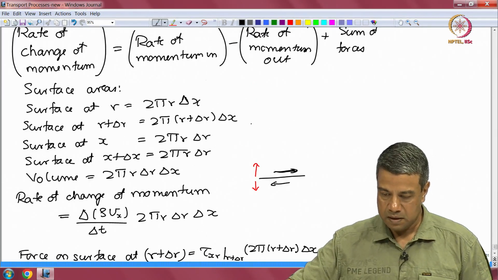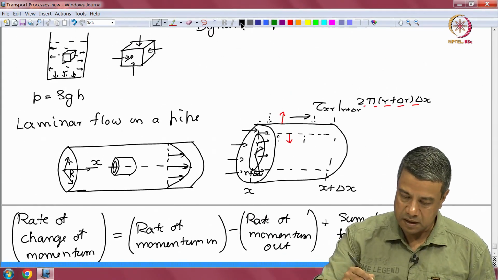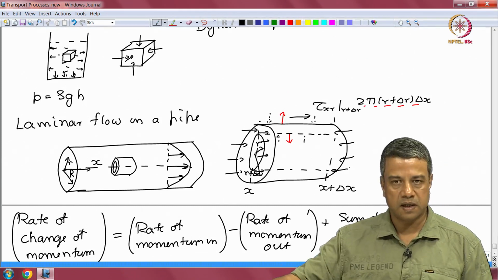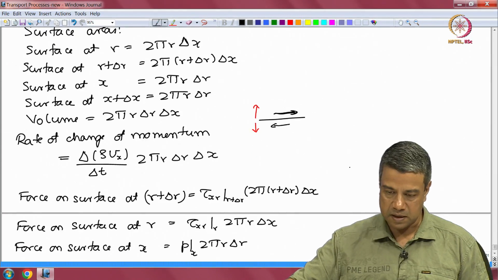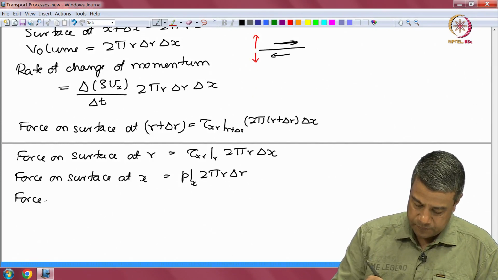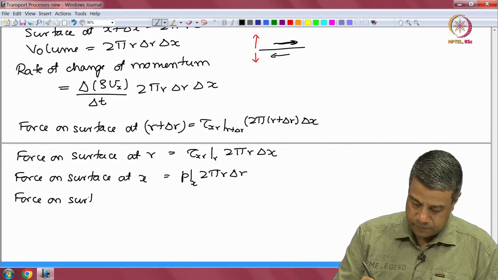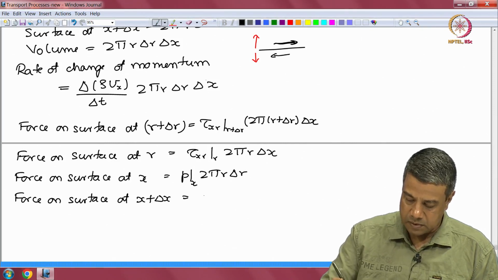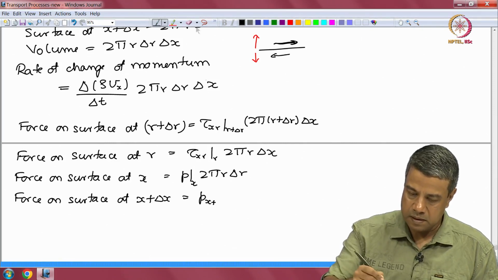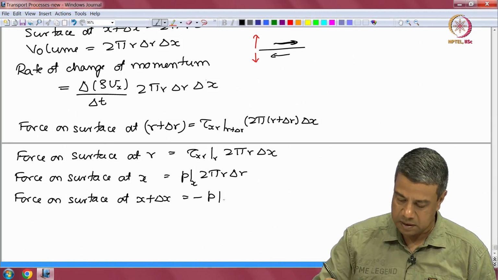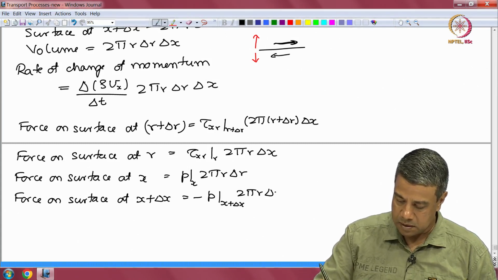On the right face the pressure is acting inwards, which means that it is acting along the minus x direction. So it is minus the pressure at x plus delta x times 2 pi r delta r.